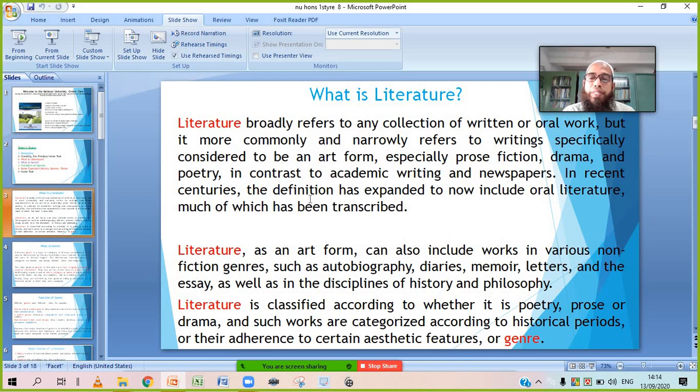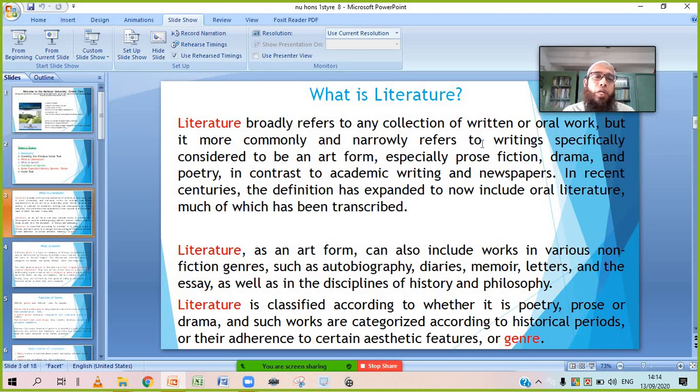In recent centuries, the definition has expanded to now include oral literature, much of which has been transcribed. So, you see, as we are talking about, literature means here prose, fiction, drama, poetry. It may be written or oral, verbal.